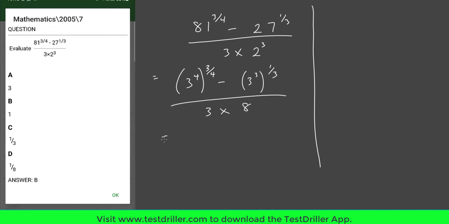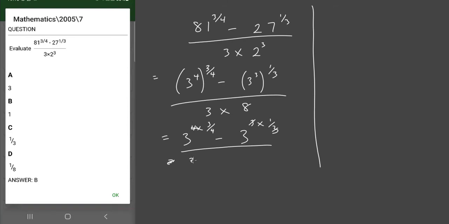So now we are going to apply the double power law. If you have a power that now has another power, what you will do is to say 3 raised to the power of 4 times 3 over 4. You multiply those powers. Then minus 3 raised to the power of 3 times 1 over 3. This cancels out this. This cancels out this. So you're left with everything divided by 24, the denominator.